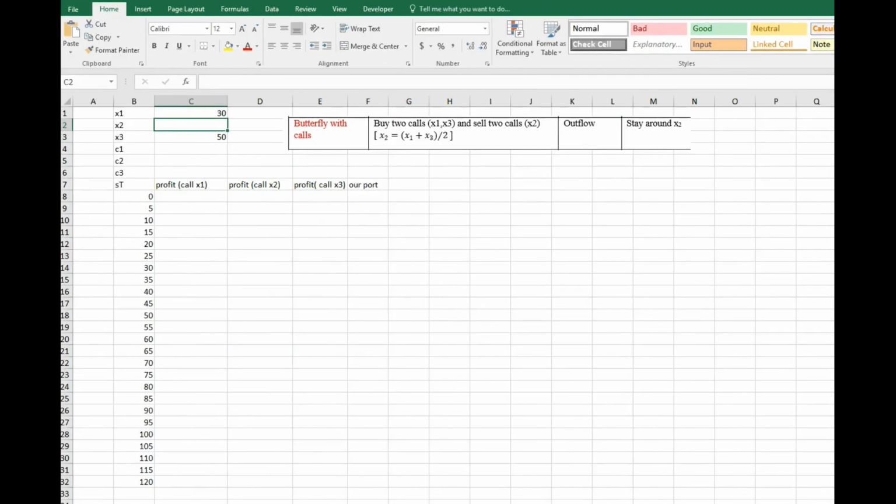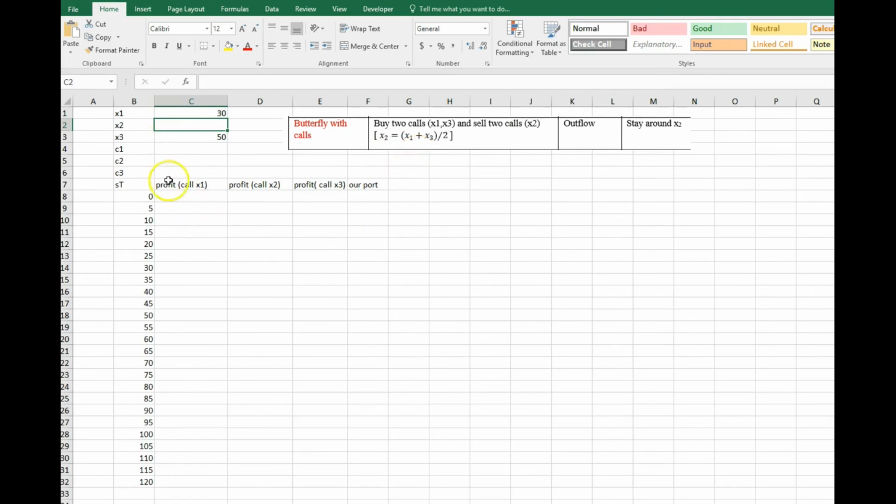This is the last example, so-called butterfly with calls. Our trading strategy is buy 2 calls with X1, X3 as their exercise price, and sell 2 calls with X2 as their exercise price. X2 is simply the average of X1 and X3.